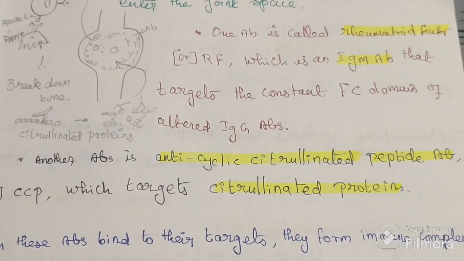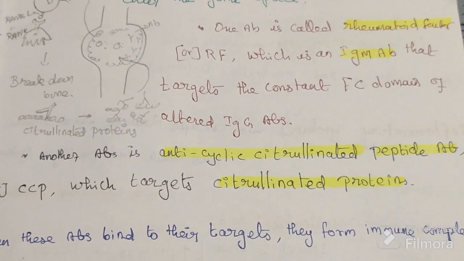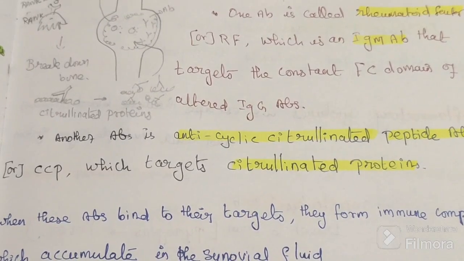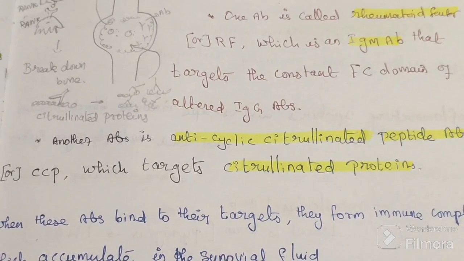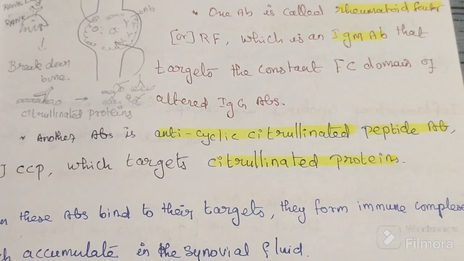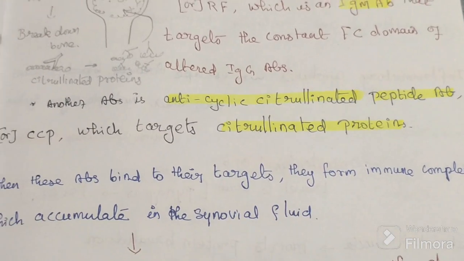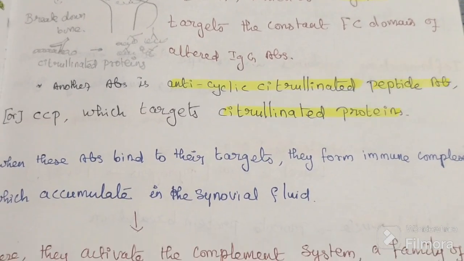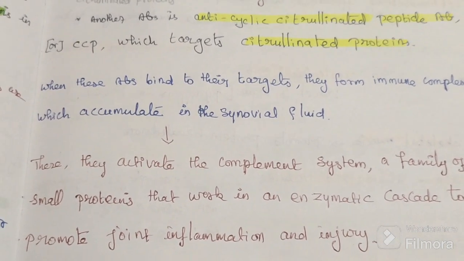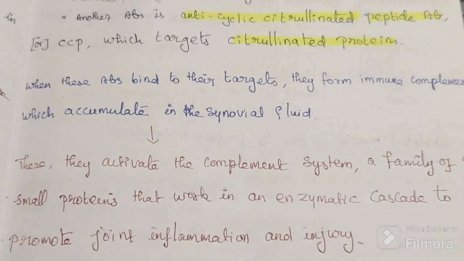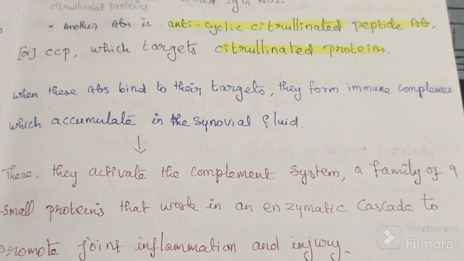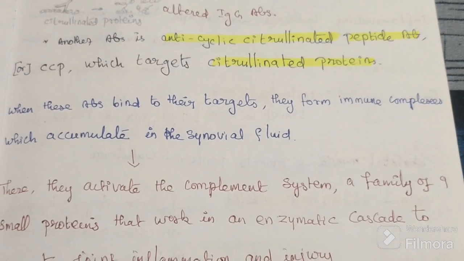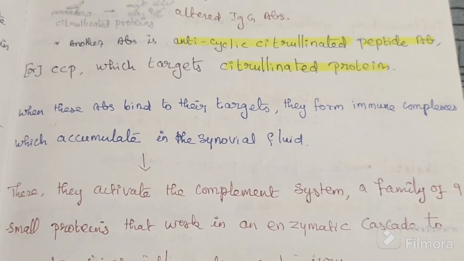There they activate the complement system, a family of 9 small proteins that work in an enzymatic cascade to promote joint inflammation and injury.